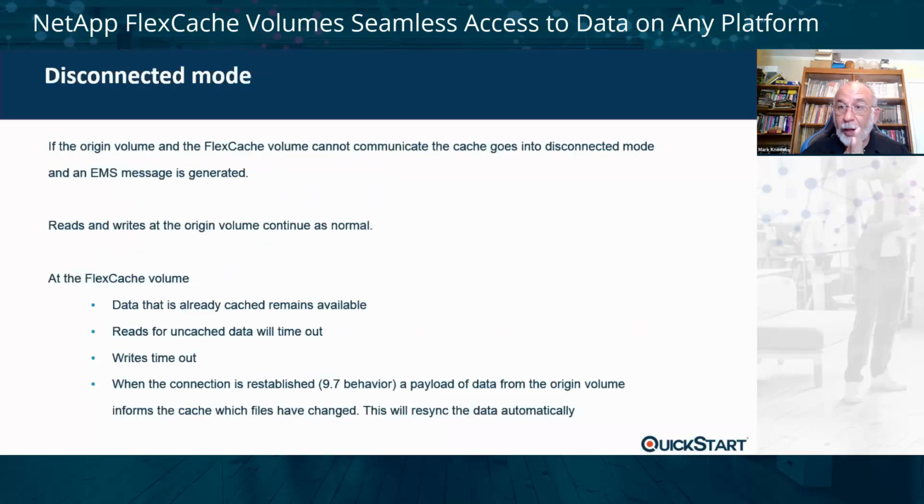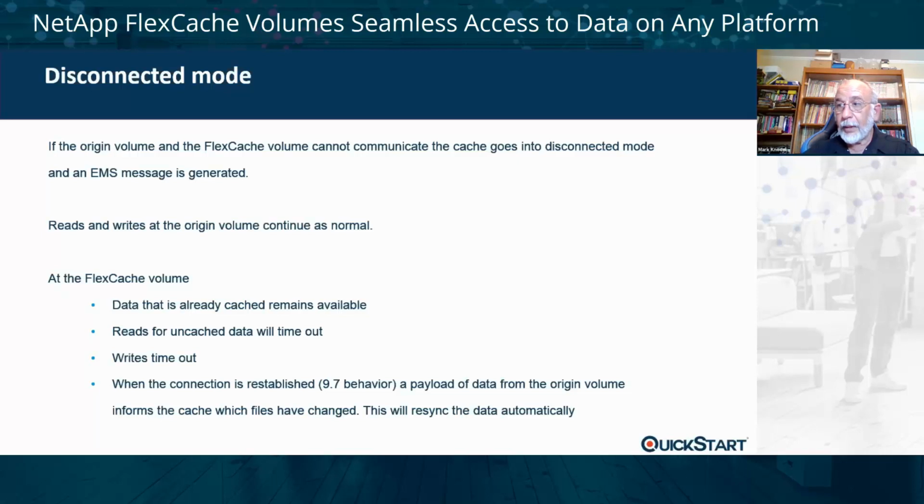Another problem that we have to face is if I'm distributing this data across the world, there could be a network problem somewhere. I know that's hard to believe. So if I all of a sudden can't reach the origin, the source, what happens? It goes into what we call disconnected mode. All of the data which is already cached remains accessible.